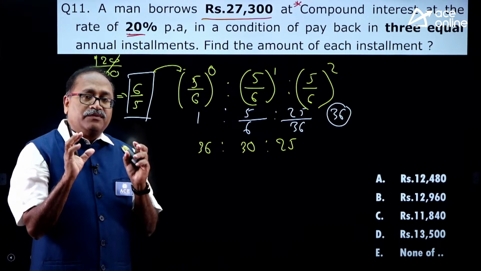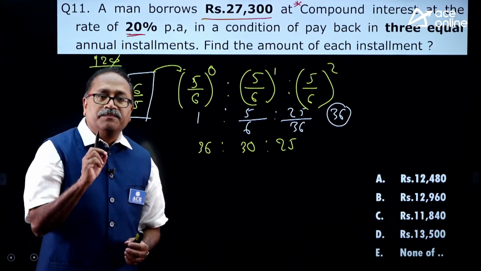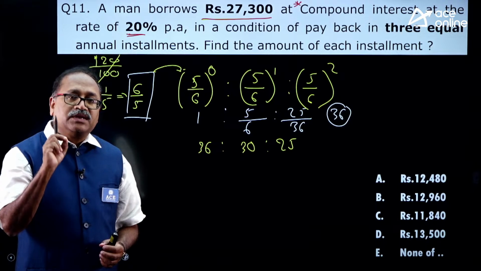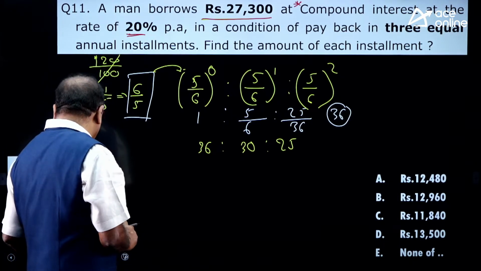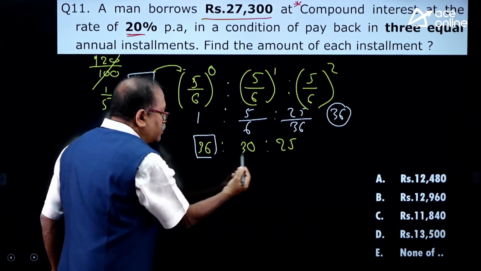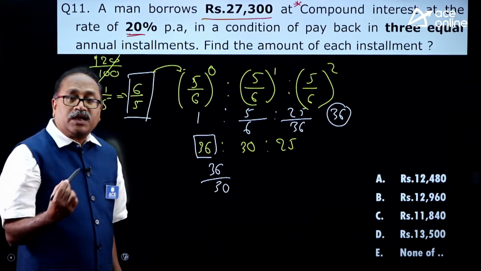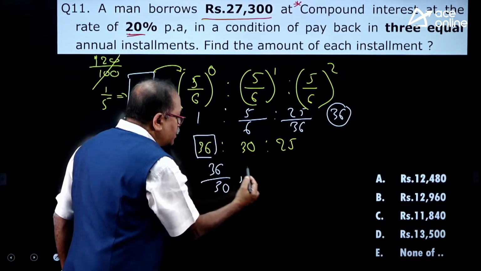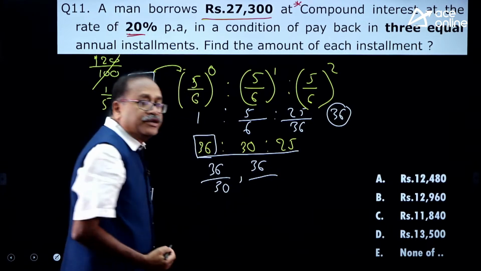Now, from here I will derive two fractions with which I will multiply the principal. That will give us the 3 equal installments. And what is that fraction? One is this 36 by 91, and the second one is 30 by the total part.